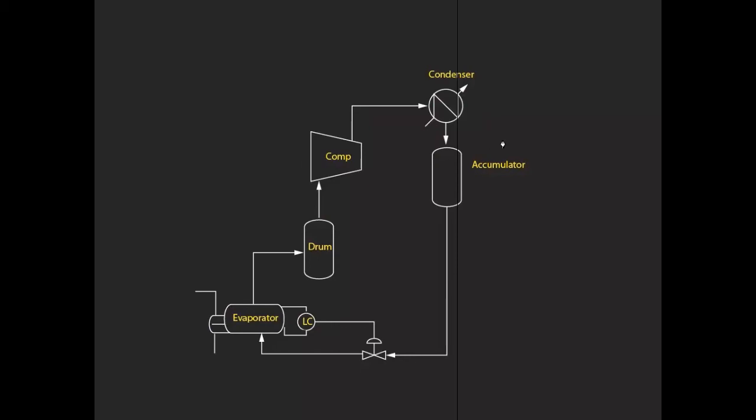The condenser will then turn the gas into cooler liquid. The liquid has some hold up in the accumulator, and then is passed back into the evaporator by a level controller that maintains a level to keep the tubes submerged in liquid in the evaporator shell.